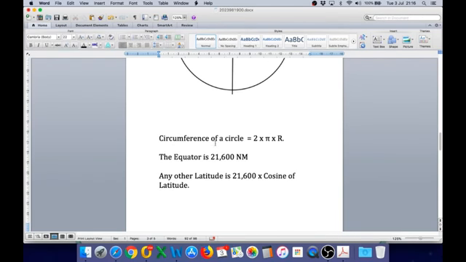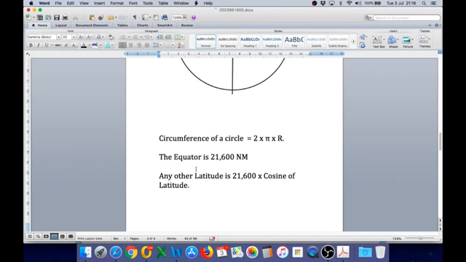Now the circumference of a circle is 2 times pi times r. The equator distance is 21,600 nautical miles around the circumference. So the circumference of any other latitude is going to be 21,600 nautical miles times the cosine of the latitude.